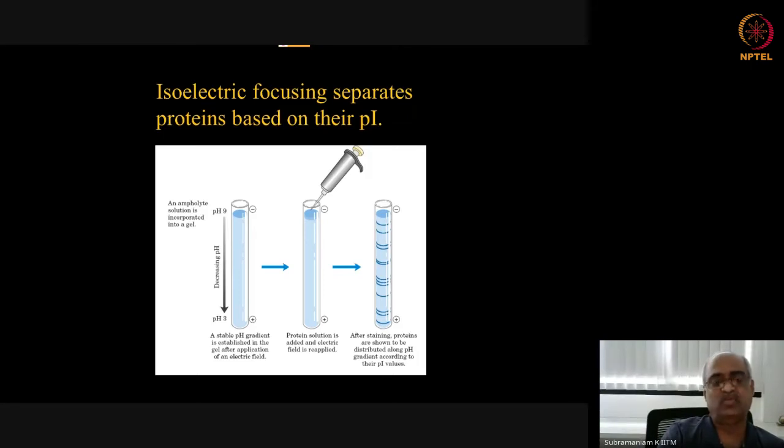So you are actually focusing the protein molecules from different parts of the gel to that particular place, because up to that point it will migrate, and then it is going to stop migrating. This method separates the proteins based on their pI, and it is usually made in a tube gel.